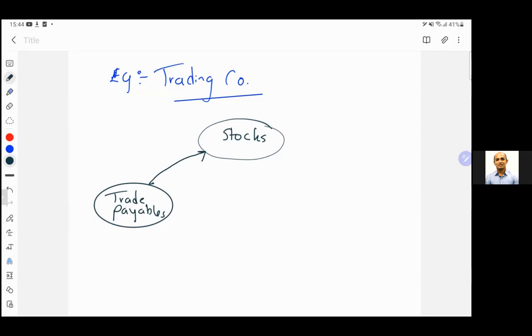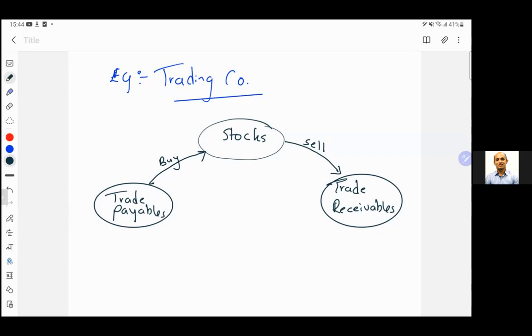Then you sell stocks on credit. Then you have trade receivables. You see, if you buy stocks on credit, you have trade payables.